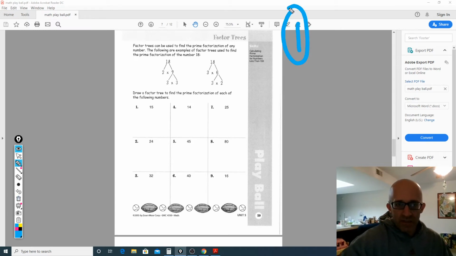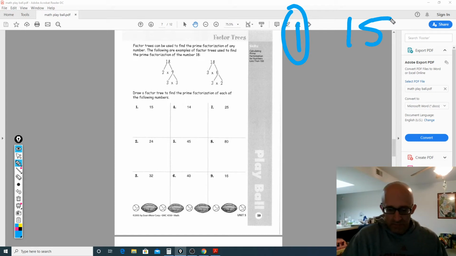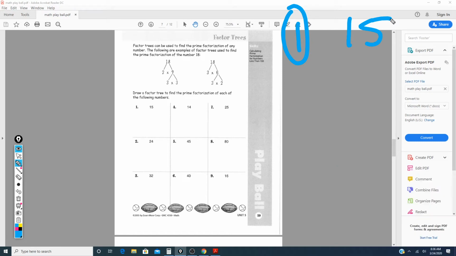Let's deal with the number 15. Let's look at the directions. It says factor trees can be used to find the prime factorization of any number.